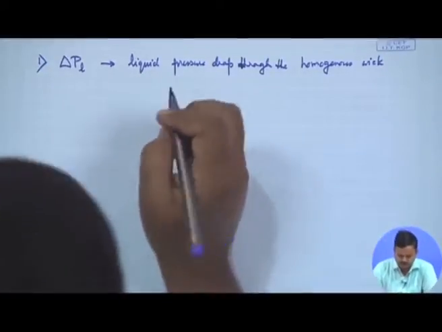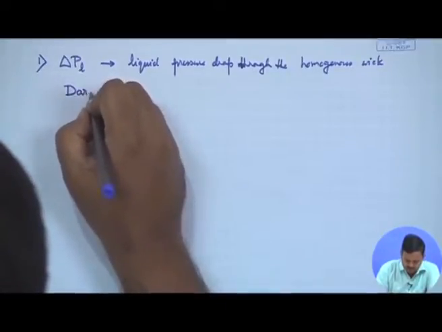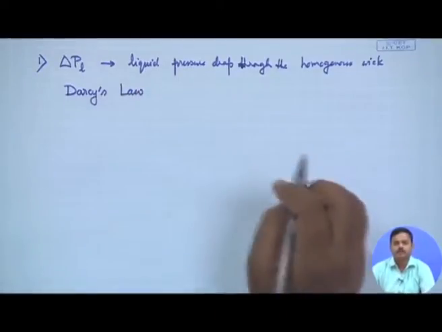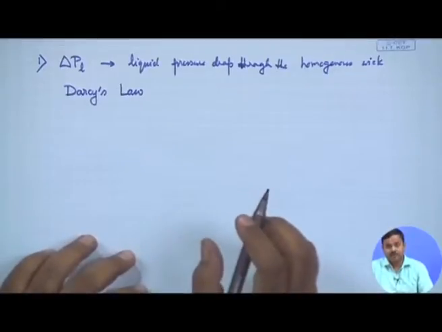Now, for this one, we are going to use Darcy's law. Henry Darcy is one of the pioneers of flow through porous media. Again, the wick is a porous material.